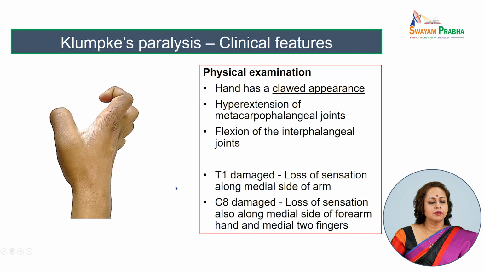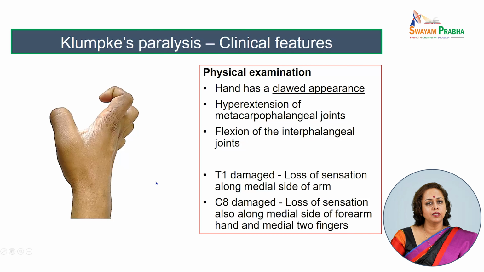When you physically examine the patient, you will see first of all the clawed hand, which I already explained to you. What is it? Hyperextension of the metacarpophalangeal joints and flexion of the interphalangeal joints. So T1 is damaged. There is loss of sensation on the medial side of arm as well as C8, medial side of forearm, medial side of hand and the medial 2 digits.